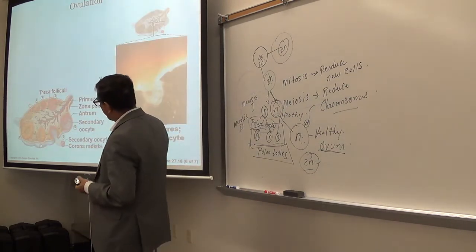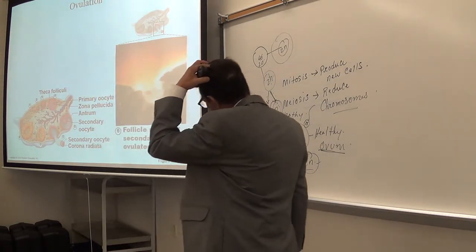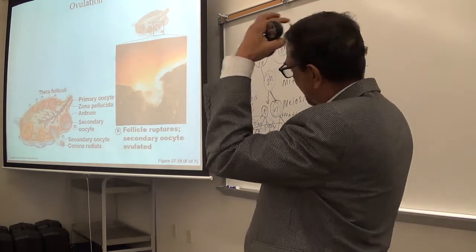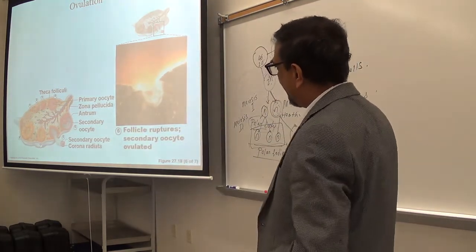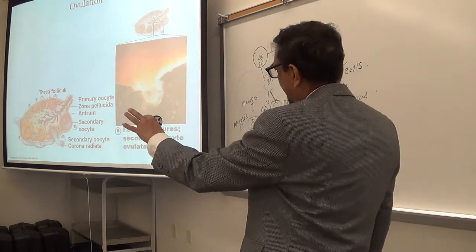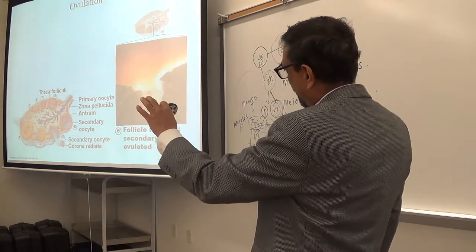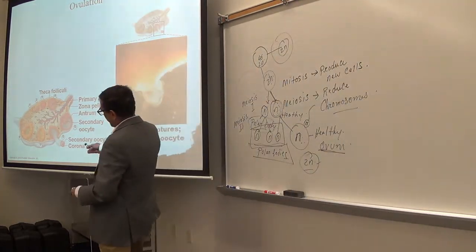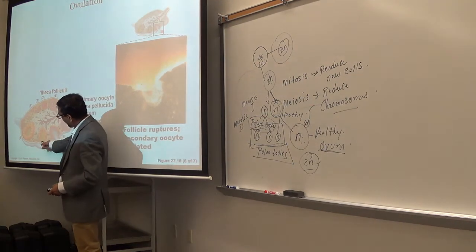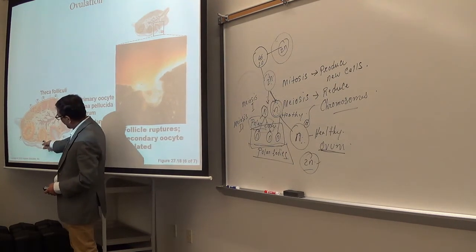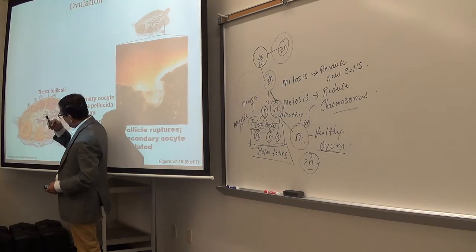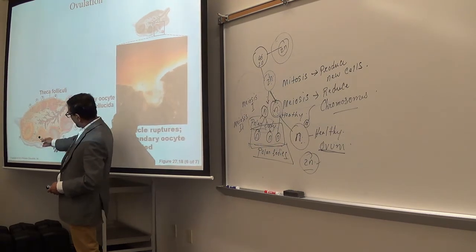Ovarian cycle, we talked about this in the last class. 14 days, maturation of the follicle, then rupture of the follicle, day 0, that is the ovulation, and then the corpus luteum is formed and acts as a temporary gland, that yellow structure, to secrete those 3 hormones.